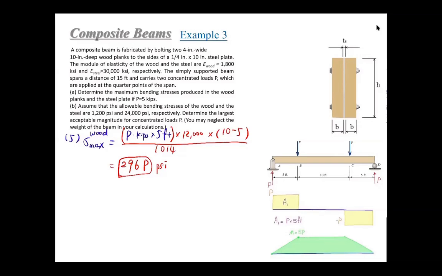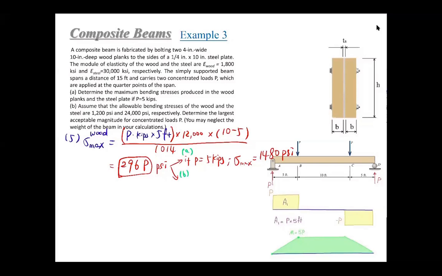If P equals 5 kips, then the maximum stress will be 1480 psi. And this is our step A.